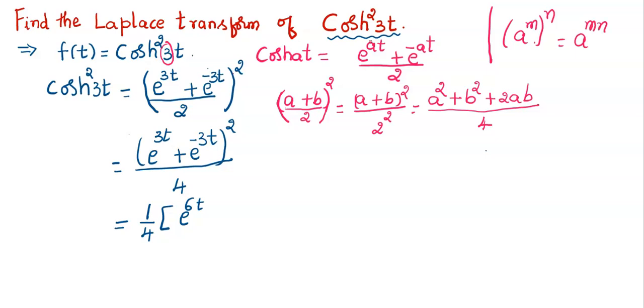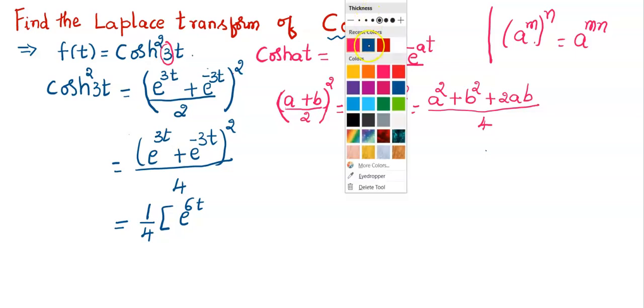In this function, a is e, m is 3t and n is 2. So that's what we have written, e to the power of 6t.